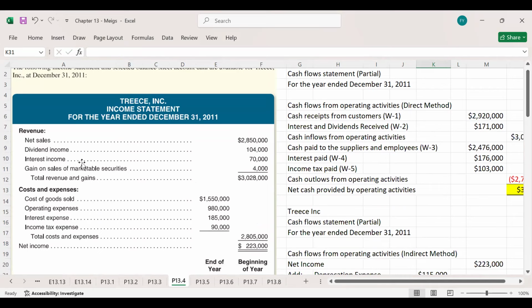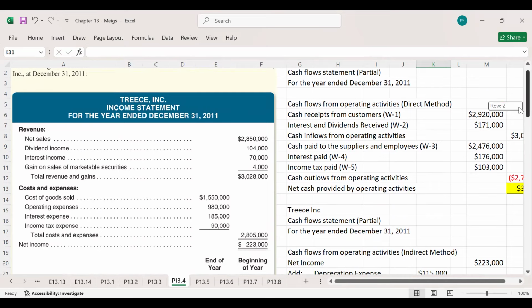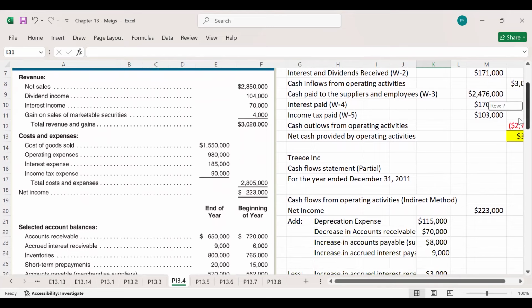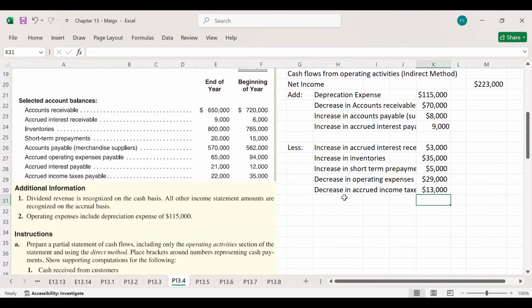And you can also see that there is a gain. Here you can see the gain on sale of marketable securities. So this is a non-operating gain. So we are going to deduct any non-operating gain, or add any non-operating loss, because this is an operating activity section. This shouldn't be part of operating activity. This shouldn't be included in net income.